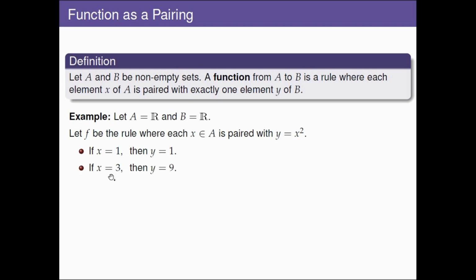So if x equals 3, we get one value of y. If x equals negative 1, then y is the square of negative 1, which is 1. So if x equals negative 1, we get one value of y.